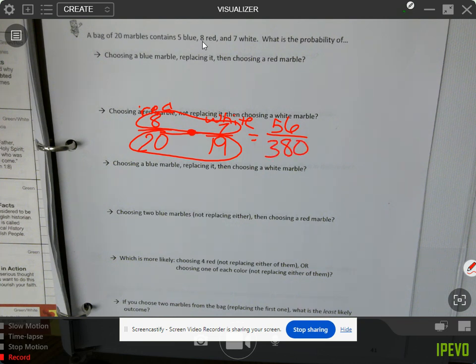Now when I put this into my calculator for my next step, I need to remember that that fraction bar means divide. I always put that top number into my calculator first, then I hit the divide button, then I put in my bottom number. So 56 divided by 380.